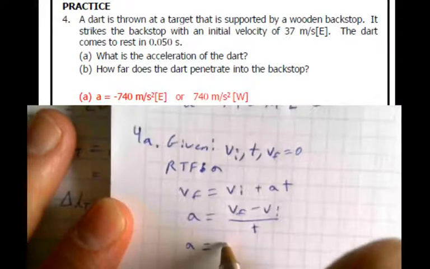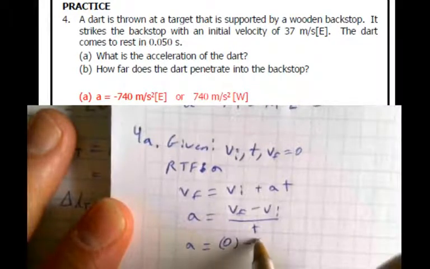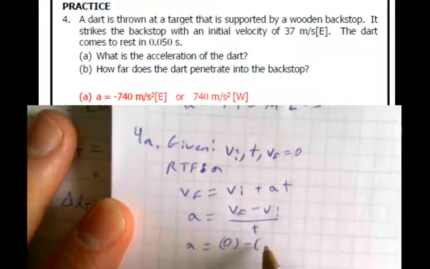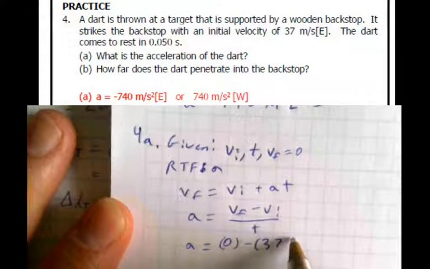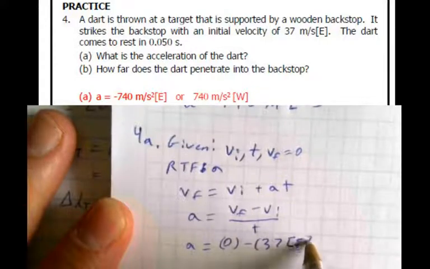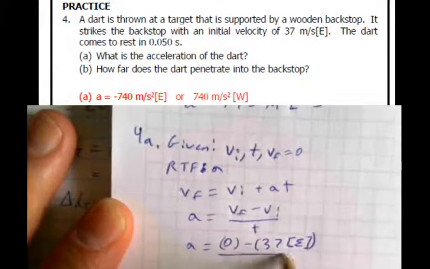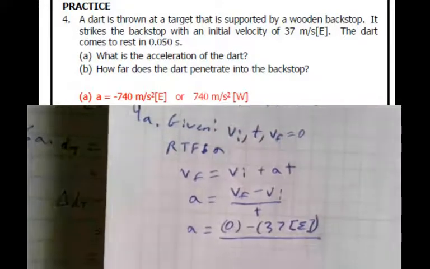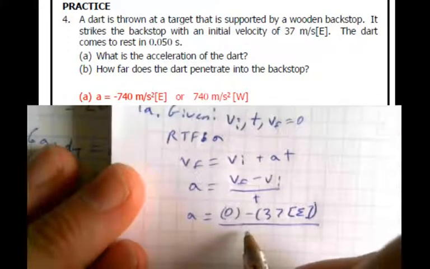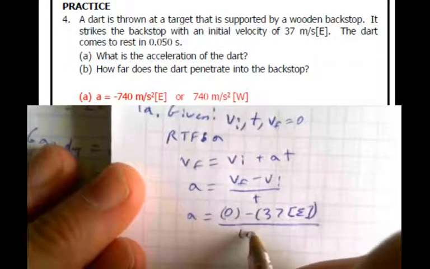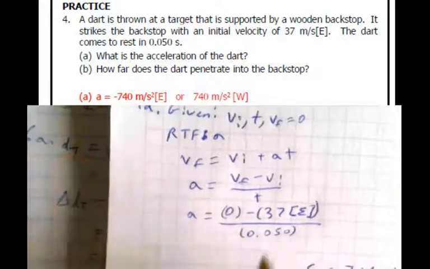VF is 0. That means that VI is going to be negative here, minus 37 east. I'll include the direction because we are dealing with having it negative, so it could change. Our time is 0.050.